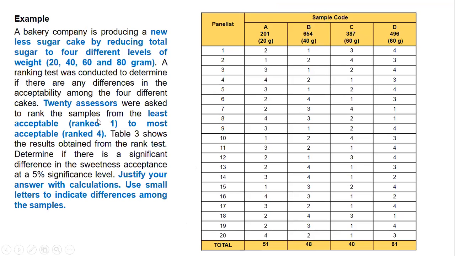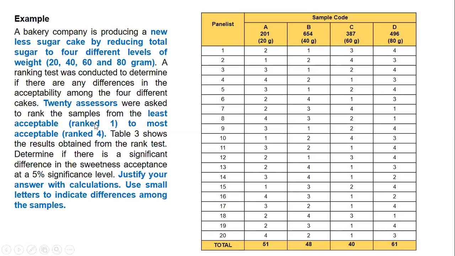We already went through this situation, where the company tries to produce a new formulation of cake by using 4 different formulations where the sugar content used differs: 20, 40, 60 and 80 gram. They use 20 panelists.